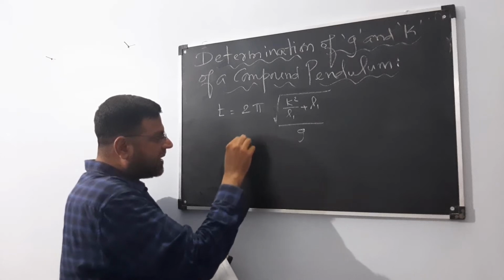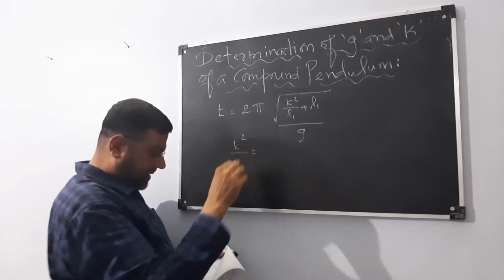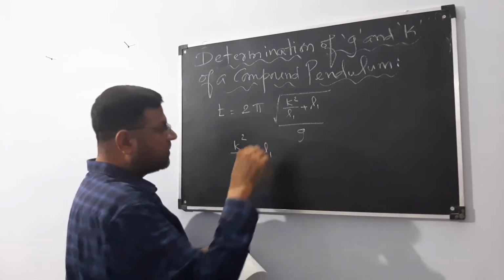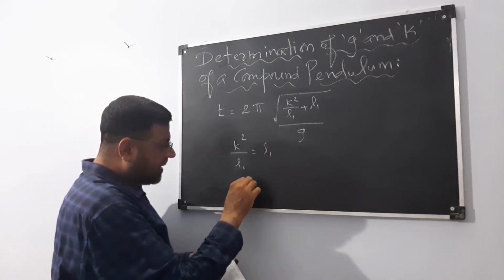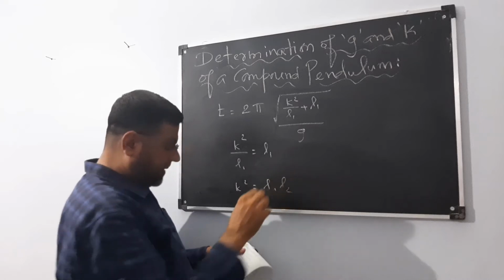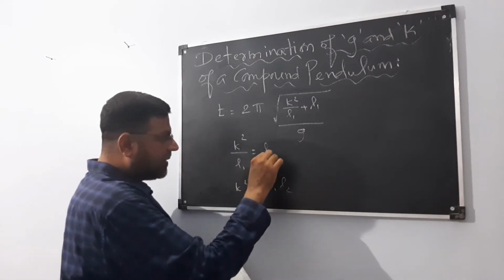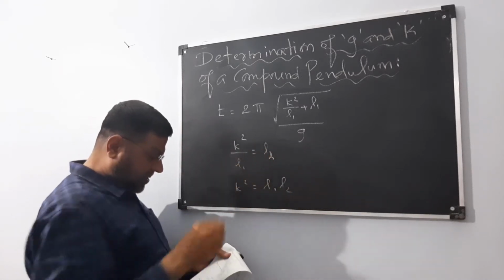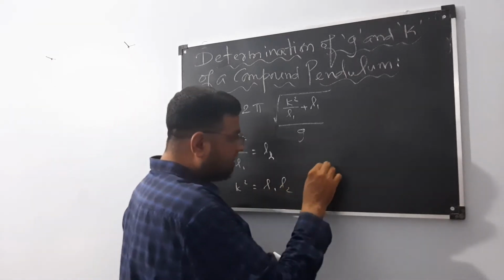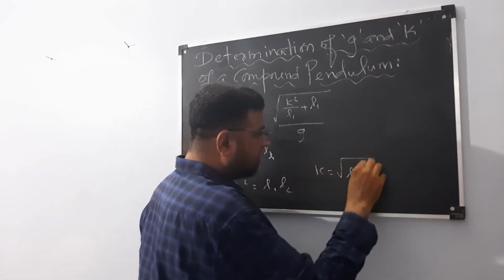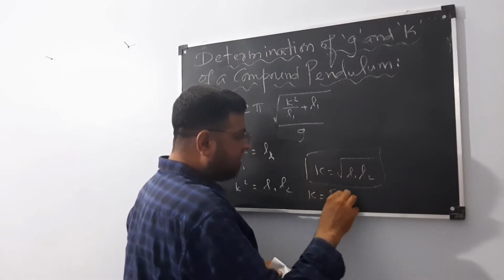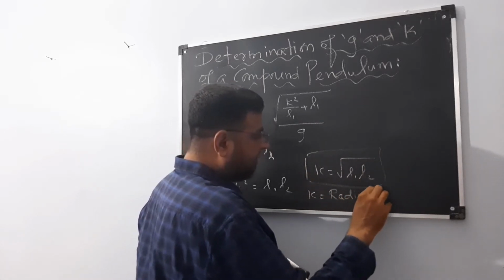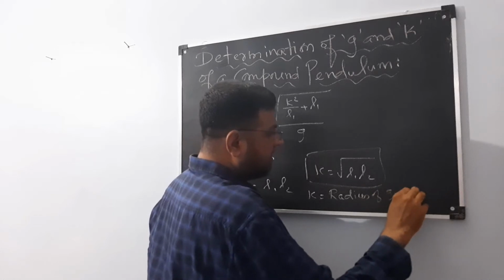And we take K square by L1 is equal to L2. Therefore, K square is equal to L1 into L2, or K is equal to root of L1 into L2, where K is known as the radius of gyration.